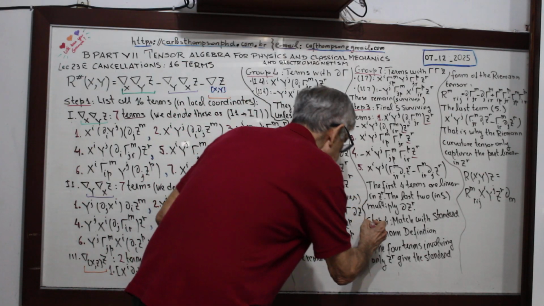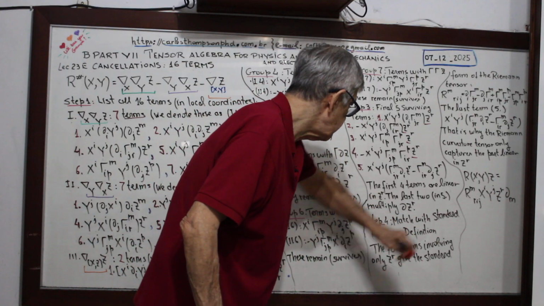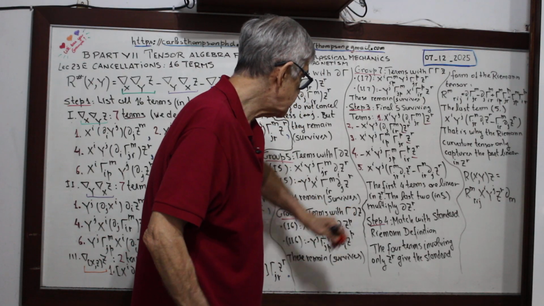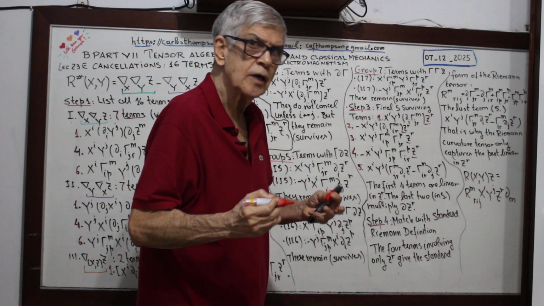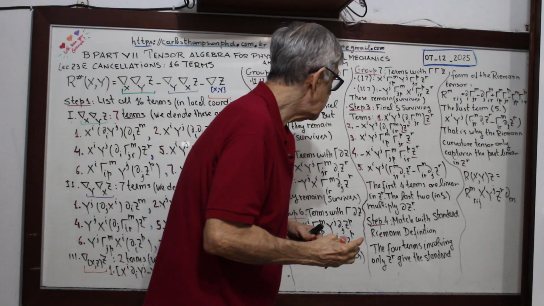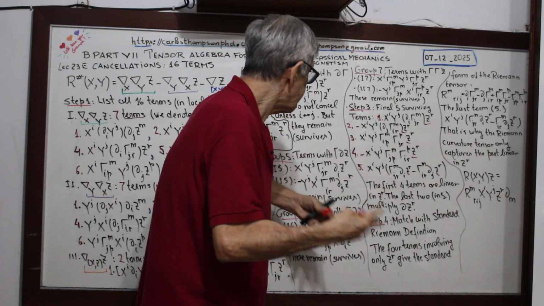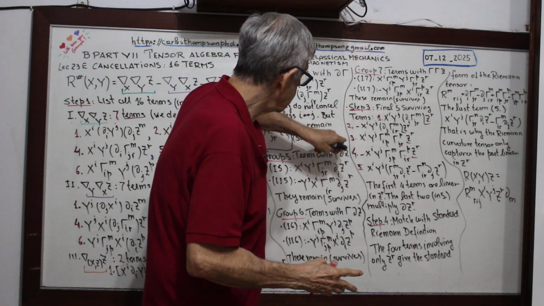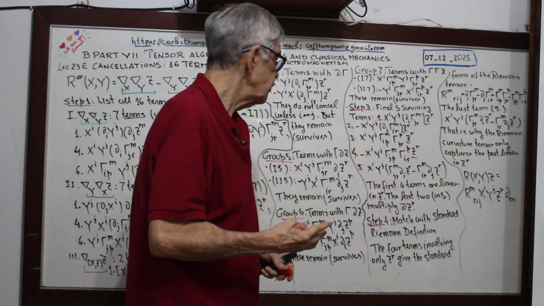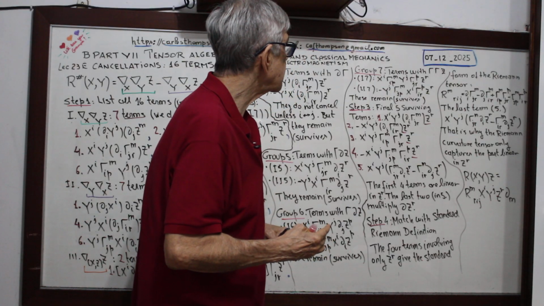Now, step 4, match with the standard Riemann definition. You see, now the tensor, if you work only with the 4 survived terms, this term over here, I emphasize that only 1, 2, 3, and 4 are used to match the Riemann curvature tensor.